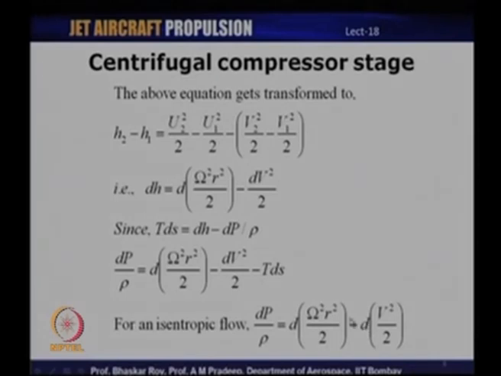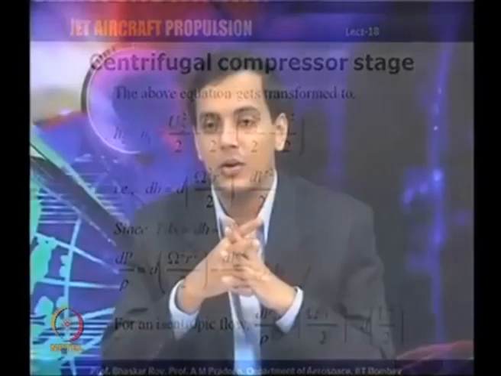So, this is a very important expression that we have just derived, that dP by rho is equal to d into omega square r square by 2 minus d into V square by 2. Let us try to analyze this expression which we have derived for a centrifugal compressor, and then we will get to know what exactly this means. Now, for an axial compressor, we know that we carry out the analysis for the same radius, which means that d of omega square r square by 2 is equal to 0.